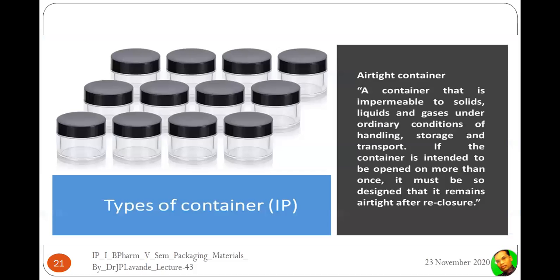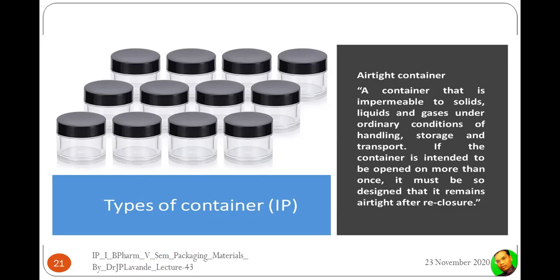There is another type of container that is said to be the airtight container. So these are the types of container. What is the airtight container? An airtight container is a container that is impermeable to solids, liquids, gases under ordinary conditions of handling, storage, and transport.